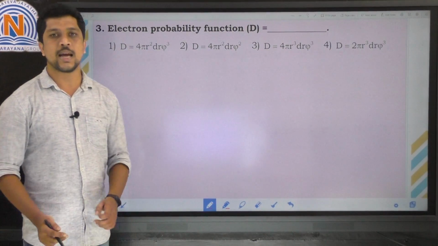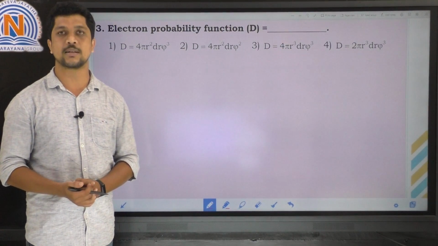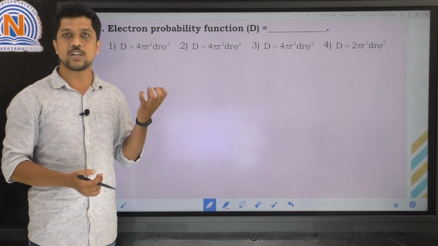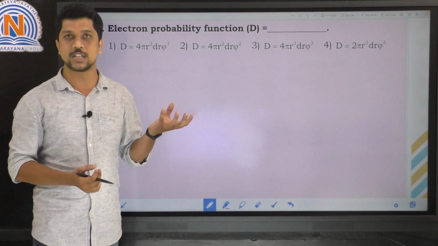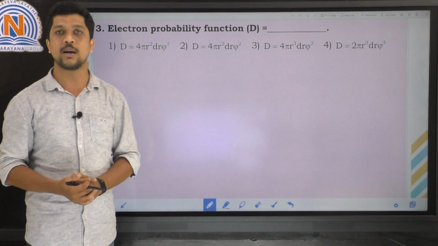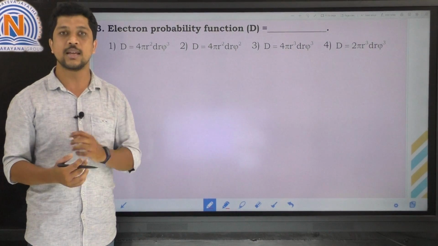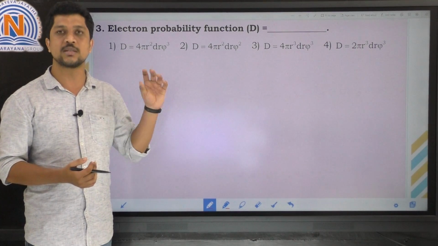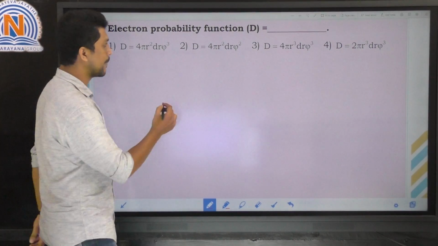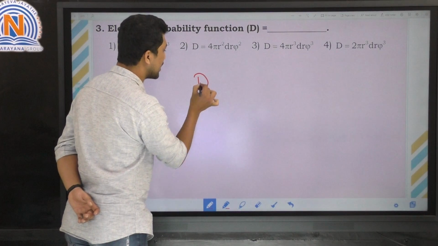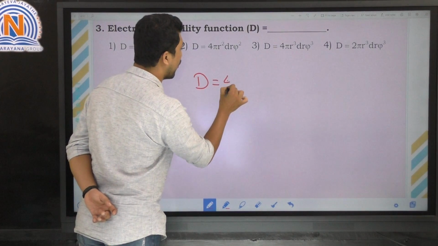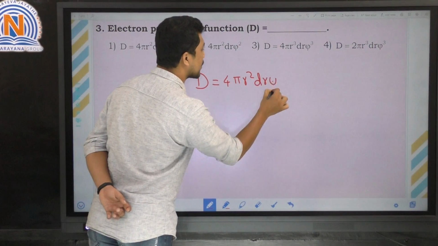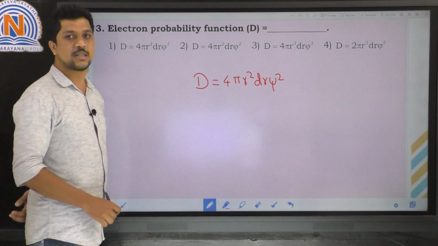Here the question, electron probability function. In orbitals there is a space around the nucleus. That space is three-dimensional space. In that space we can find the maximum number of electrons, right? There is a function to represent the electron probability, that is D, right? D equal to 4 pi r square dr psi square, right?